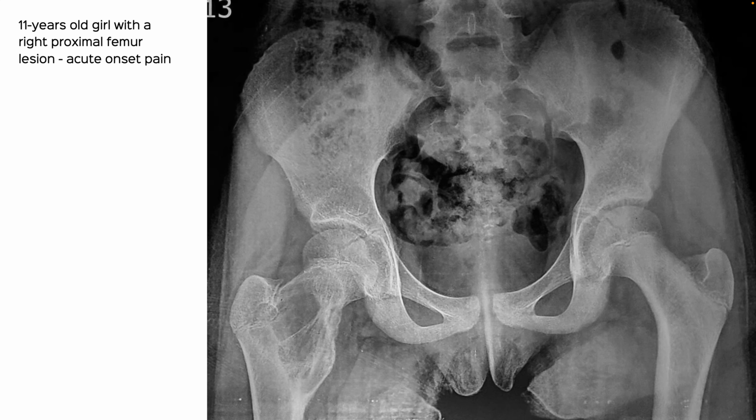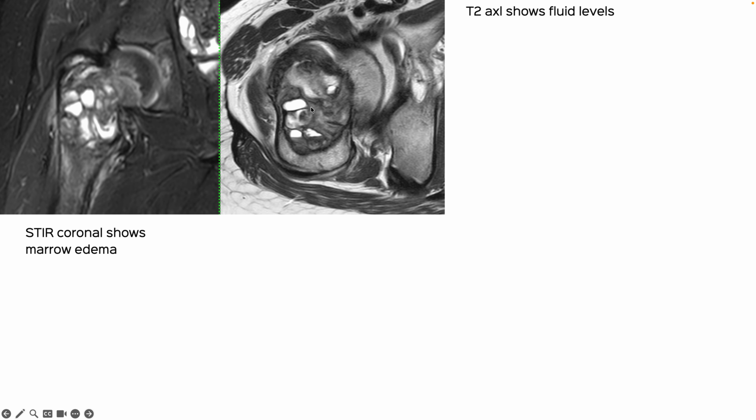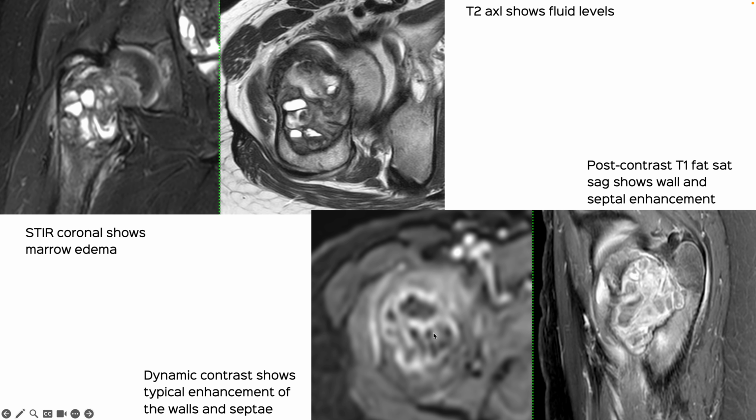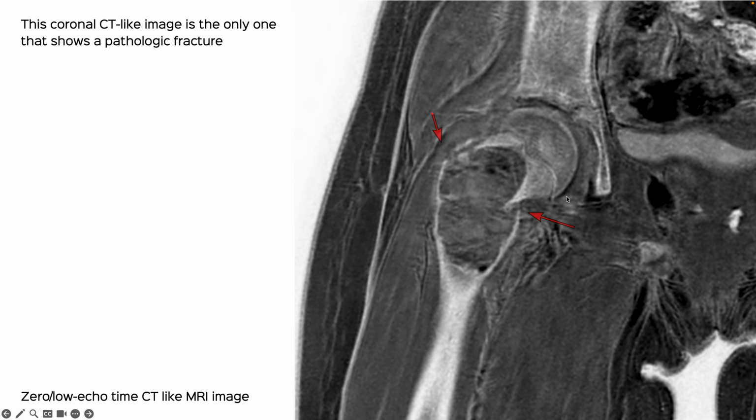I had a talk at ISMRM in March earlier this year where I had to talk about recent advances, and I included that paper. And I had one case of an ABC, and there seems to be a fracture on the X-ray. The MR shows classic fluid levels. You can see the dynamic contrast, typical enhancement, but the UTE MR, the CT like bone image, shows this fracture beautifully, and I thought that kind of showed why these kind of images are so useful.